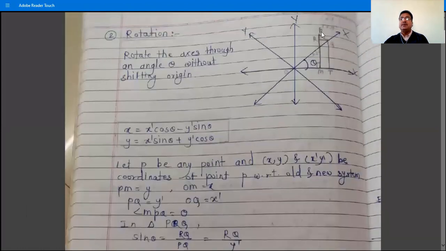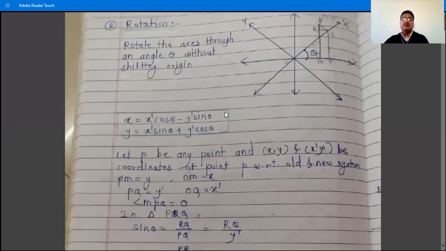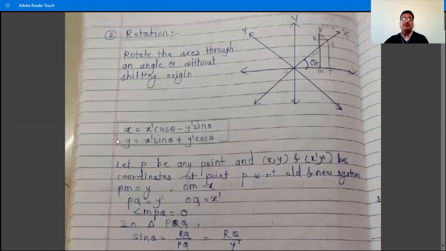If you observe the figure, draw the perpendicular from point P on the x axis and draw the perpendicular from point P on the x dash axis. Here is x dash, this is the y dash axis, and we have to find these formulas.